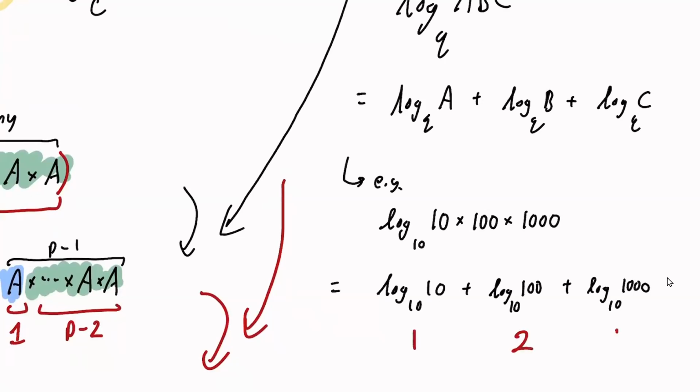This is 1, this is 2, this is 3. This one is 10 to the power of 1 plus 2 plus 3, 5. Correct? And log base 10 of 10 power 5 is just 5, which is the same as 1 plus 2 plus 3. Sorry, this is 6. Sorry. I can't count. 6. Is this okay?